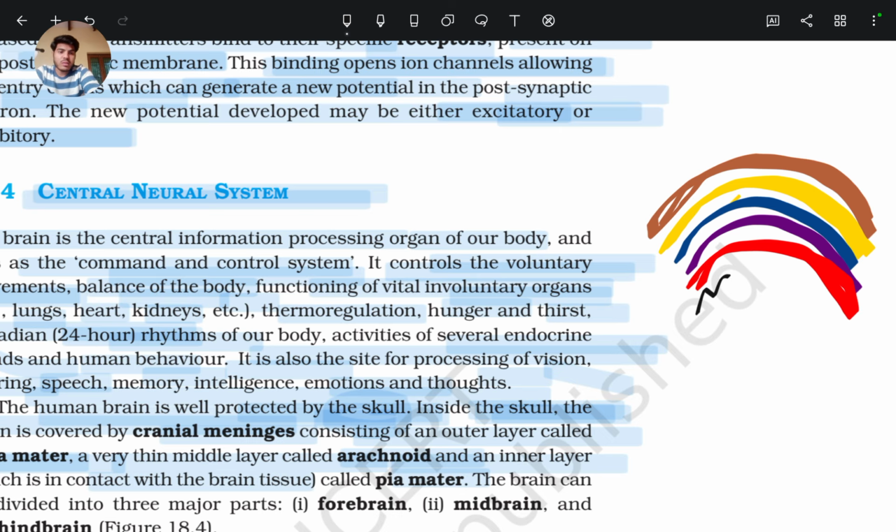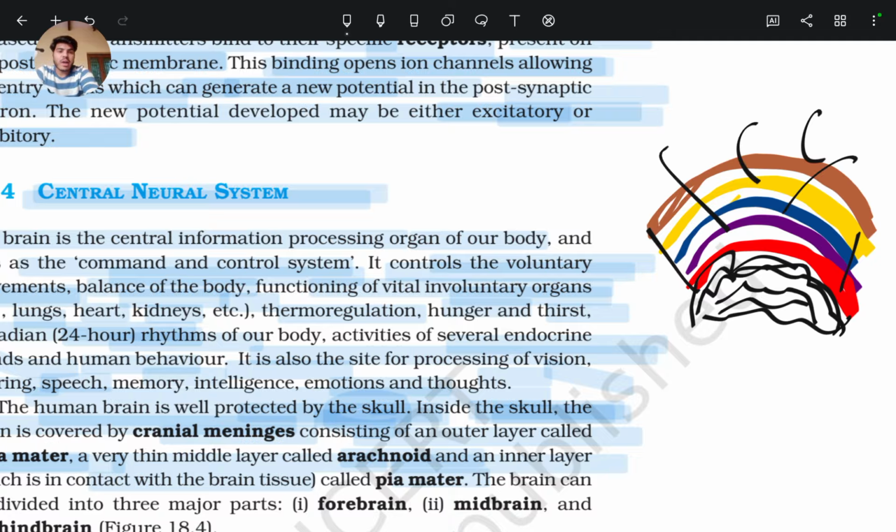Then here is the brain. So the layers are skin, cranium, dura mater, arachnoid, and pia mater.